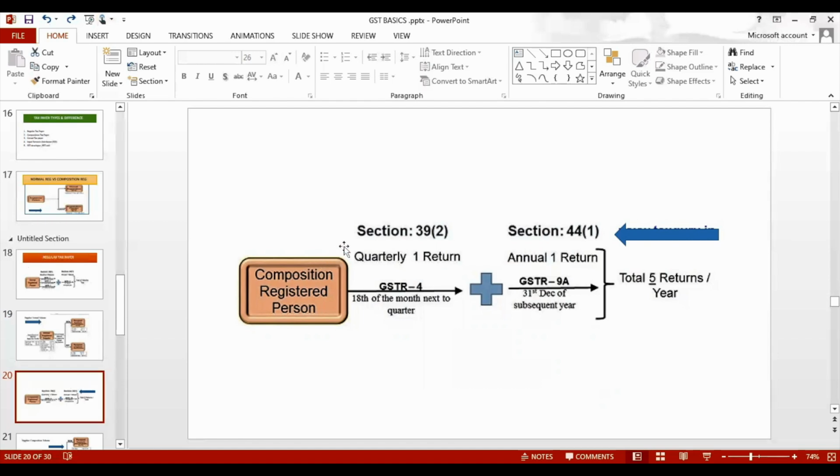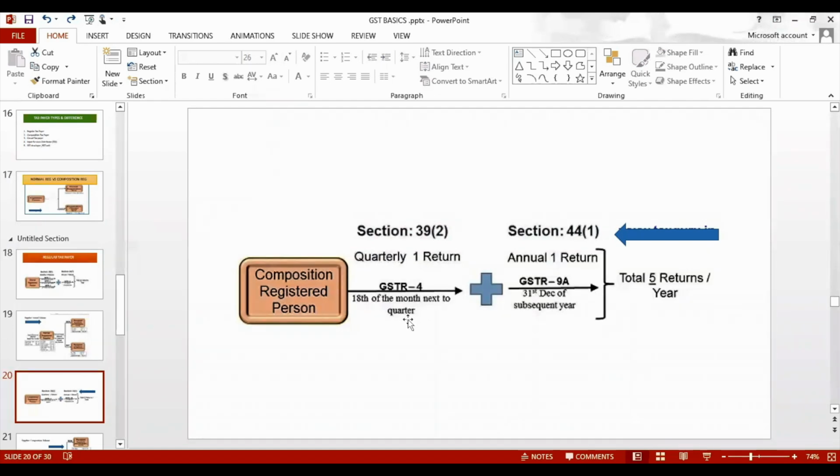Quarterly means per year, 4 quarters; 3 months equal 1 quarter. So 4 quarters per year, a composite registered person can file returns. The quarterly returns are under section 38(2). So in the GST portal, we can see the GSTR 4 form. What is the filing date? 18th of the month following the quarter.